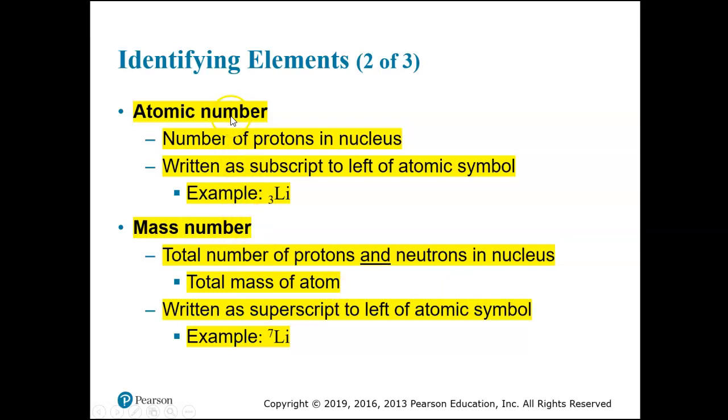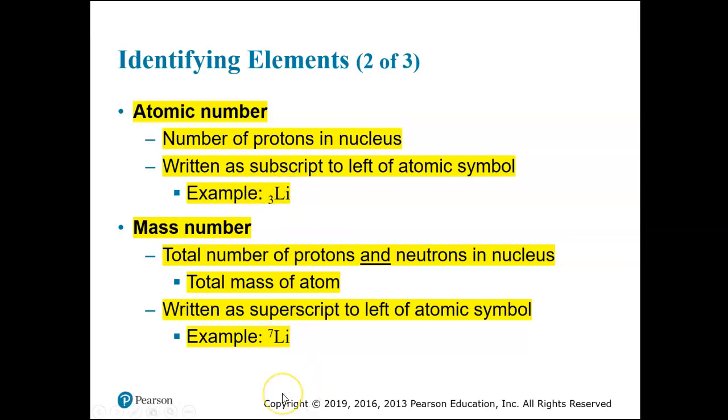Atomic number is defined as the number of protons in the nucleus, and it can be written as a subscript or a superscript. It just depends on which textbook you're using, and people have different preferences for how they do that. But in our book and any information that we have from this publisher, it's going to have the smaller atomic number on the bottom, and the bigger mass number on the top.